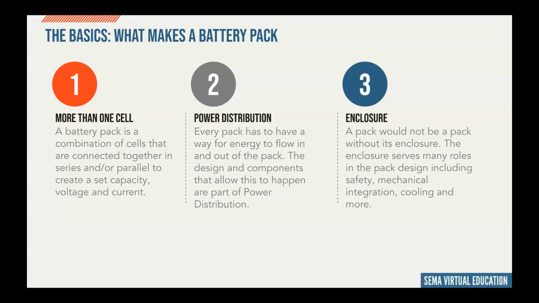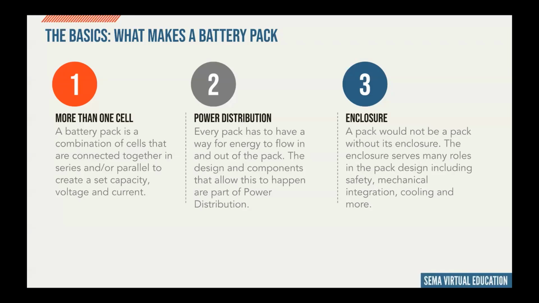Power distribution is the way for energy to flow safely in and out of the pack that can be managed and integrated into the rest of a working system like an electric powertrain. Essentially, battery packs are just DC power storage, but there's always an end use in how the battery pack is used. There are different types of battery packs in applications like ESS, or energy storage systems, that are stationary for solar or battery backups, and different things like that.